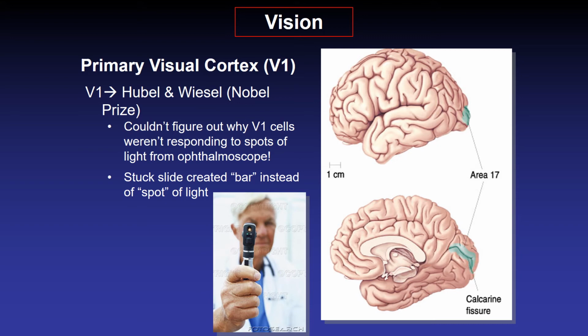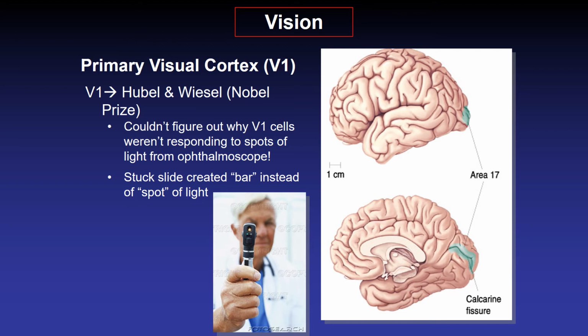Except on one trial, the ophthalmoscope jammed. It was halfway in between two different sizes of spots of light. And instead of creating a circle of light, that created a semicircle with a straight edge on one side of the circle. And all of a sudden, the neuron started firing vigorously.